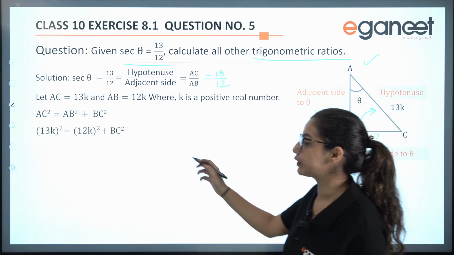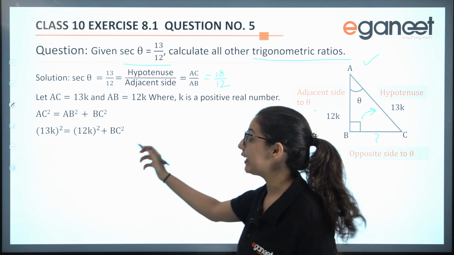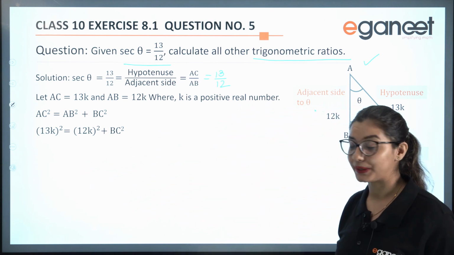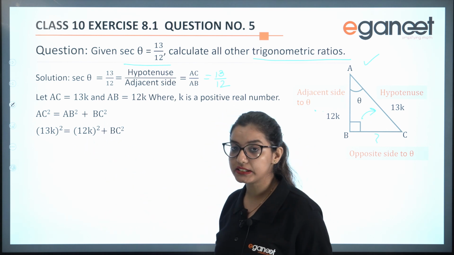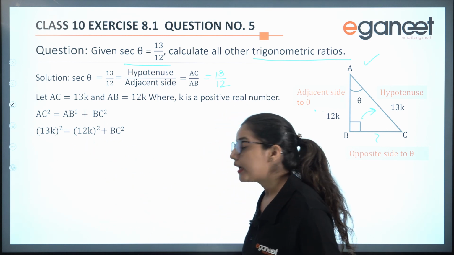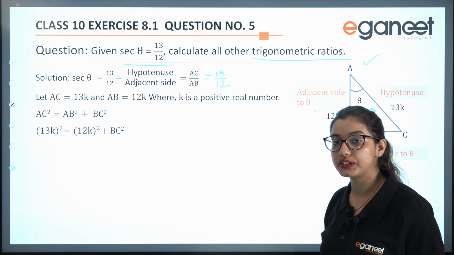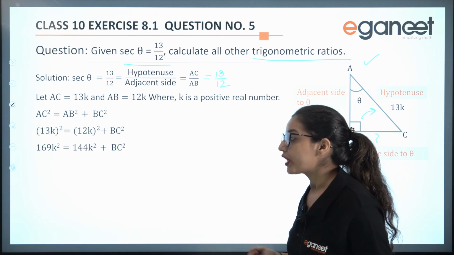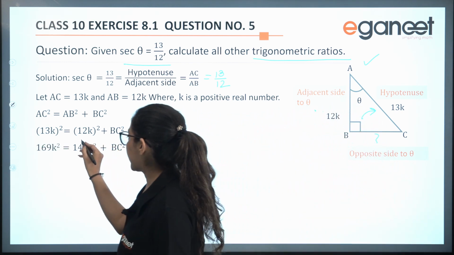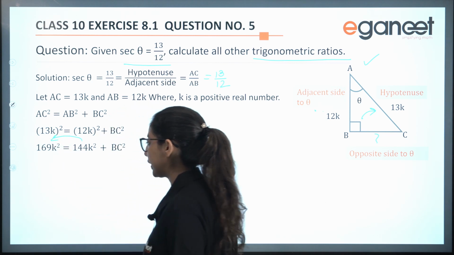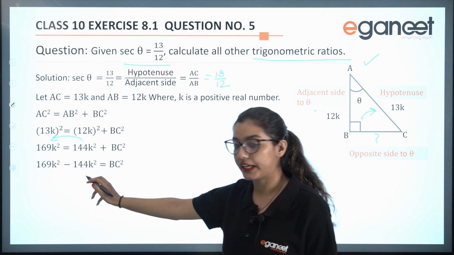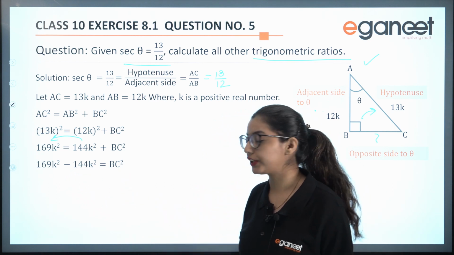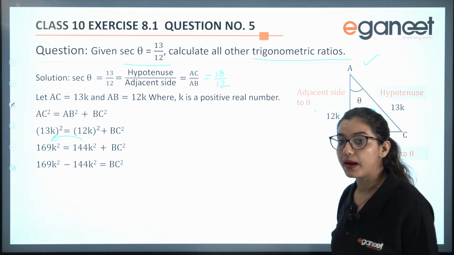So here we have substituted AC as 13K and AB as 12K. So we know that the square of 13 is 169 and the square of 12 is 144. So now on transposing this term to LHS, we are going to have 169K square minus 144K square is equal to BC square.